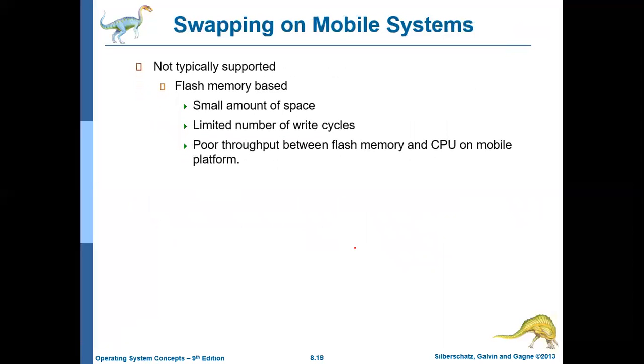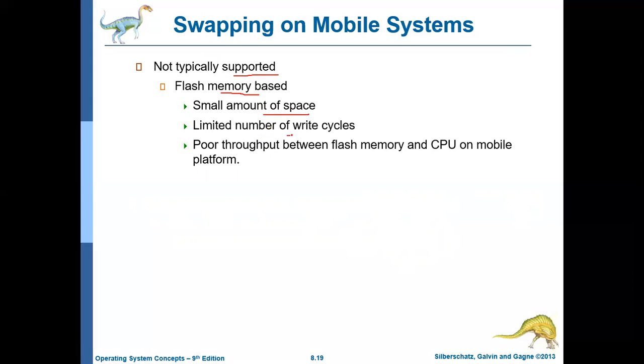How is swapping done in mobile systems? Generally, mobile systems don't support swapping. Okay, so now we are using smartphones. These smartphones don't support swapping because they use flash memory, so we don't have as much space as a computer. Okay, and there are a limited number of write cycles.